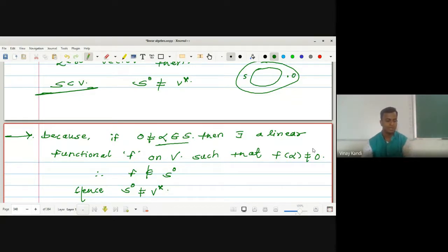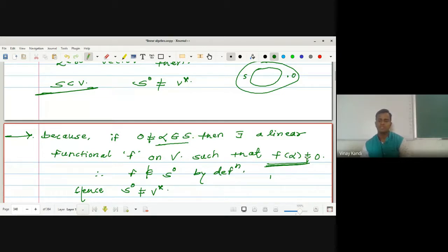This is the theorem before the double dual, the second theorem before the double dual. In the last lecture we saw that at least one linear functional exists for every non-zero vector alpha belonging to S, such that f of alpha is not equal to 0. If f of alpha is not equal to 0, it means f is not contained in the annihilator of S by the definition. What does the definition of the annihilator of S say?